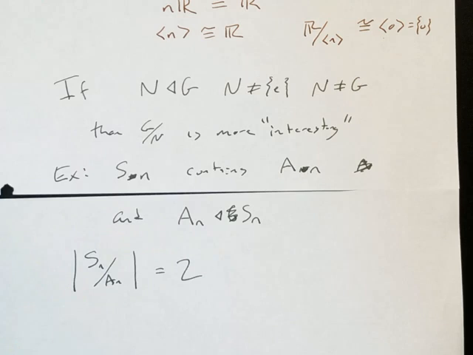How many groups of order 2 are there? There's only one.